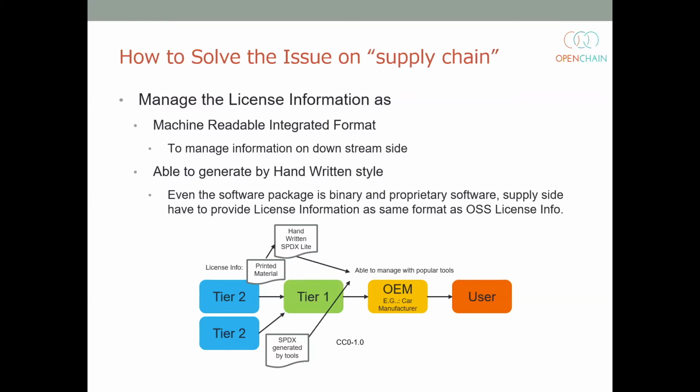Because sometimes the software package is binary and proprietary software in real embedded software products. So in the supply chain, the supply side has to provide the license information in the same format as the other open source software package information.